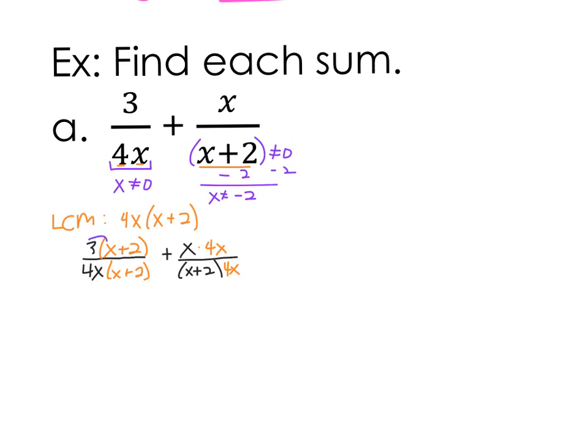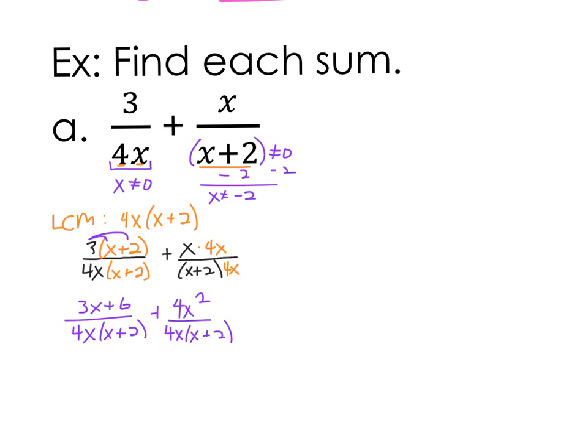So I'm going to distribute the 3 in. This gives me 3x plus 6 over 4x times x plus 2, plus x times 4x is going to be 4x squared over, and I'm just going to put my 4x out in front here so that they look the same, x plus 2.